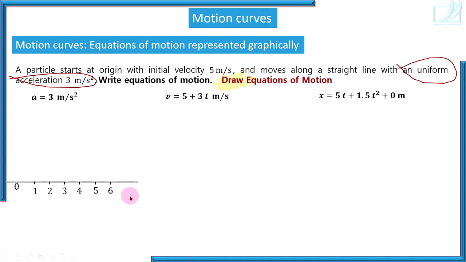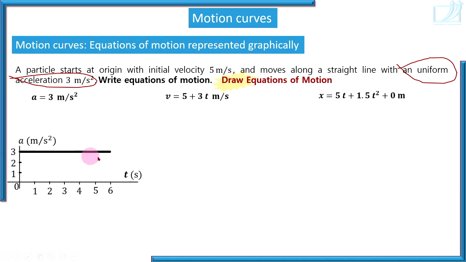So along the x-axis we take time in seconds, along the y-axis we take one of these three variables: acceleration, velocity and position. So here I am taking the variable as acceleration, and we show that acceleration is not varying with time but it remains constant. So this is that acceleration time relation we have drawn.